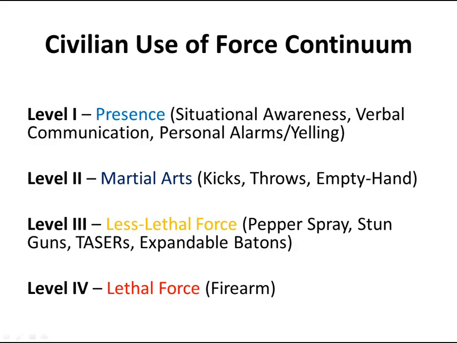Now, I'm not a lawyer, I can't give you legal advice, but these are just suggestions. The use of force continuum, like I said, is a guideline for how to react to a situation, and the courts will be relying on this information, on your testimony, in order to prosecute or find who's really at fault.